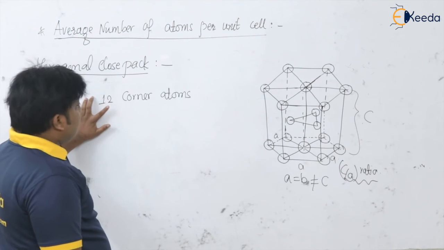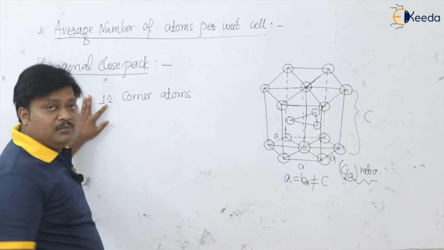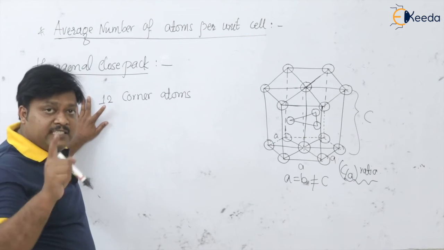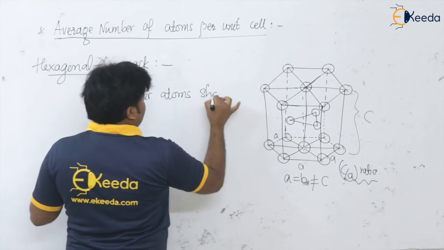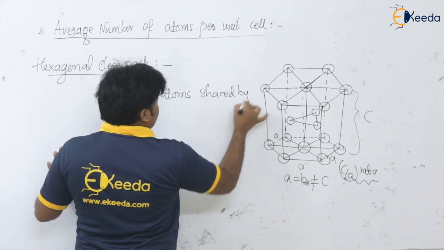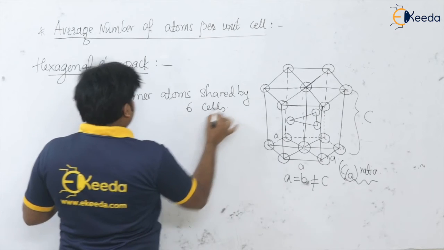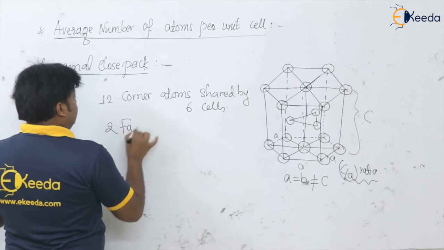So here these 12 corner atoms are going to be shared by the 6 cells. Then 2 face atoms.